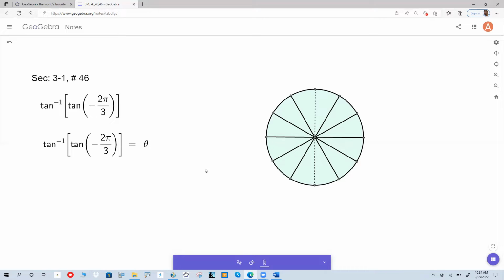Now, you can solve this problem with the help of a typical 30-60 unit circle, and that's what I have here. Let's see how we can explain it.